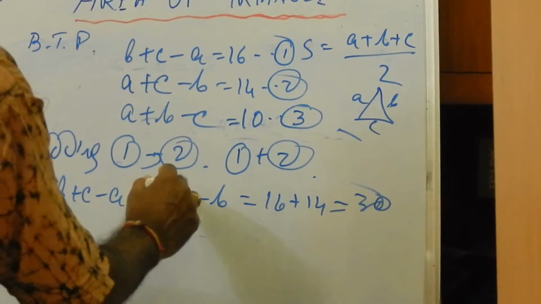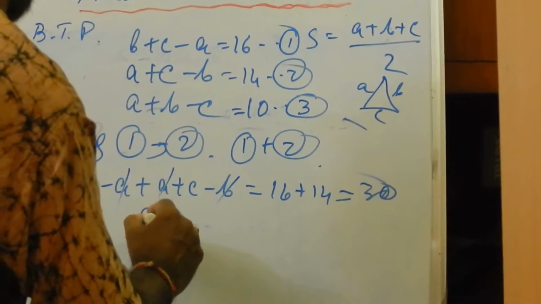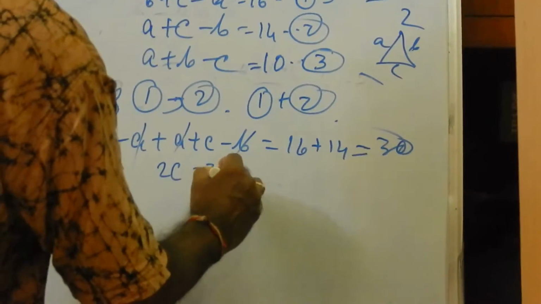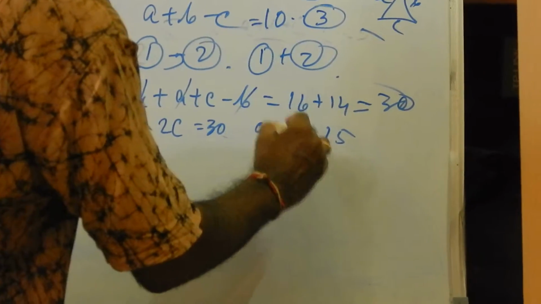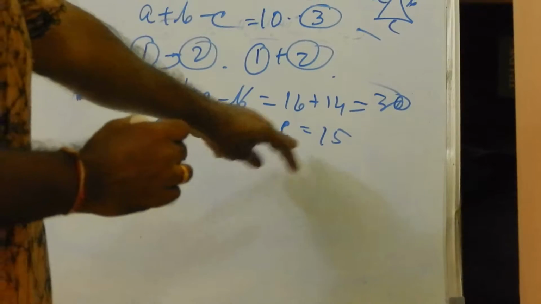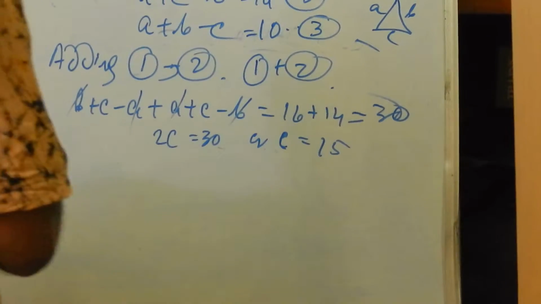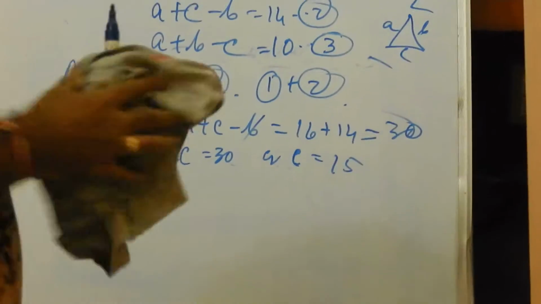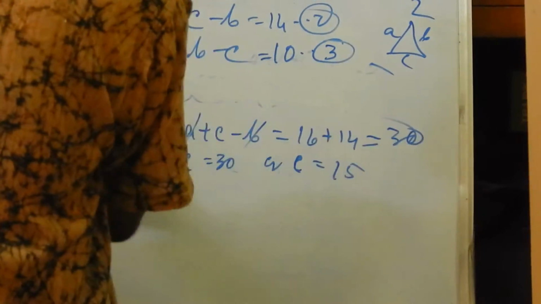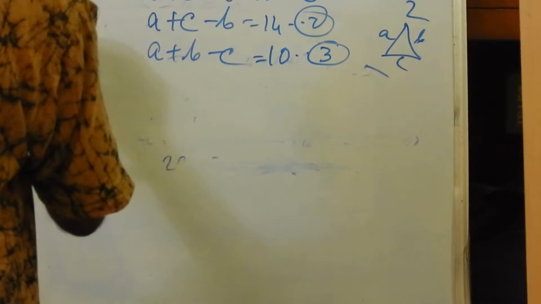So here we cancel and we get 2c equal to 30, or c equal to 15. We got one of the three sides, c equal to 15.